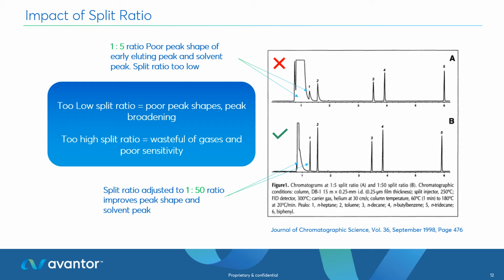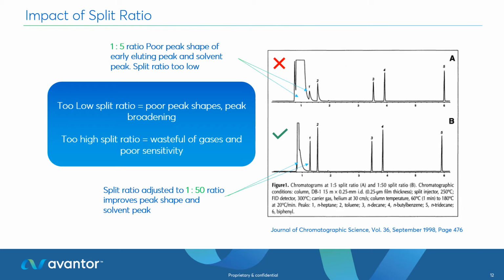In this scenario, the first eluting peaks have poor peak shape and there's a lot of peak broadening. If we look at the bottom one, where we've got a much higher split ratio, in this case 1 to 50, we can see that for peaks 1 and 2, we've improved the peak shape substantially.